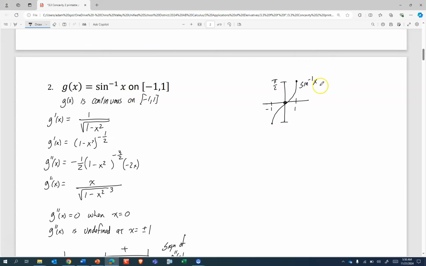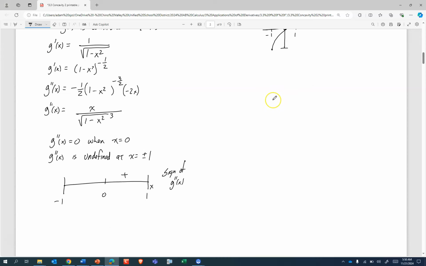And that does match. We expect inverse sine to be concave up from 0 to 1. I'm assuming negative here, but let's make sure. Negative 0.1 in the numerator is negative. 0.1 squared is 0.01, 1 minus 0.01 is positive, so positive denominator, negative numerator. So concave down, concave up.